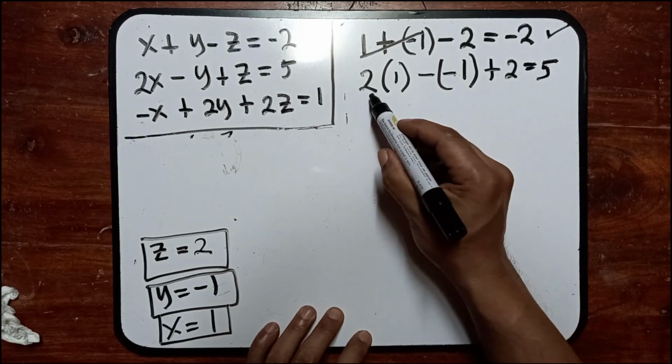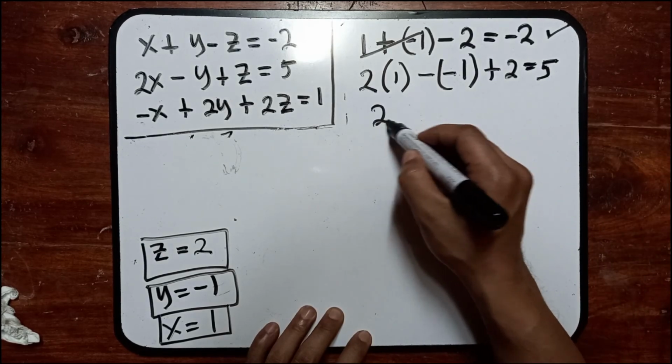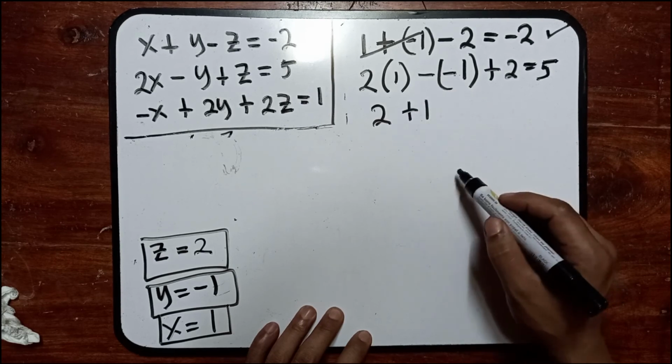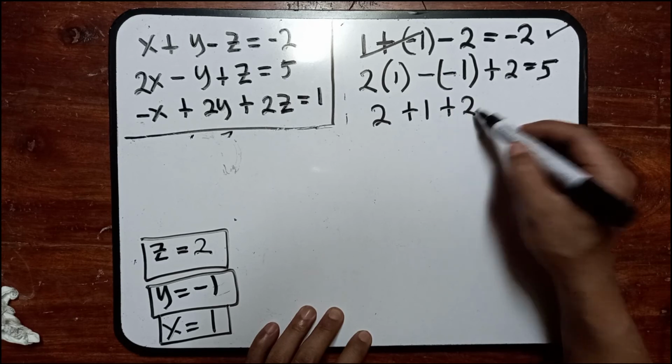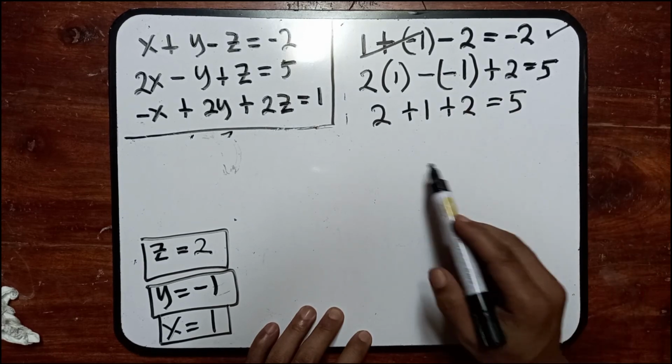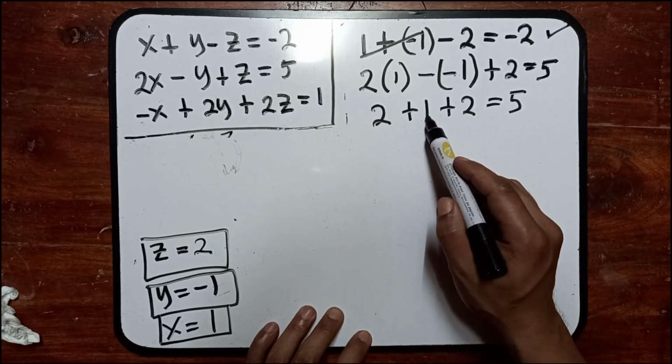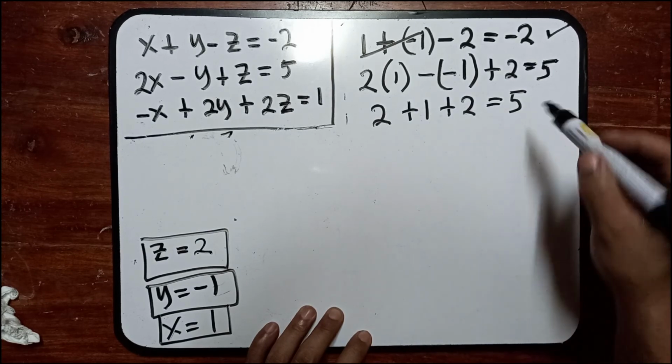So let's simplify. 2 times 1, this becomes 2. Negative negative, positive 1, plus 2 equals 5. Okay, so if you're going to add everything, it will result in 5. 2 plus 1, 3. 3 plus 2, 5. So meaning this is correct.